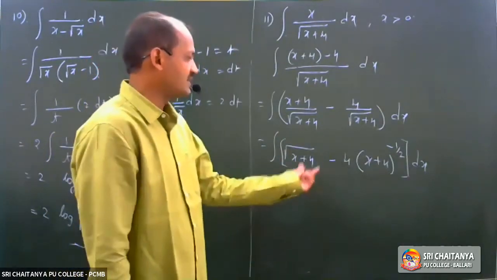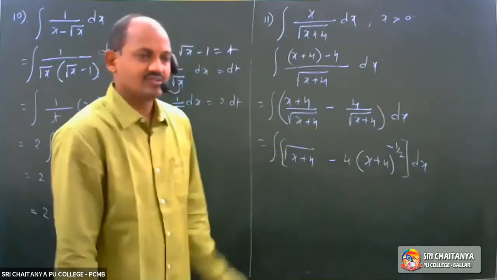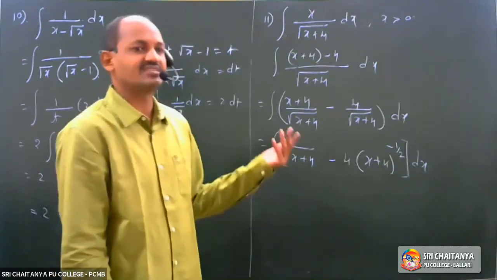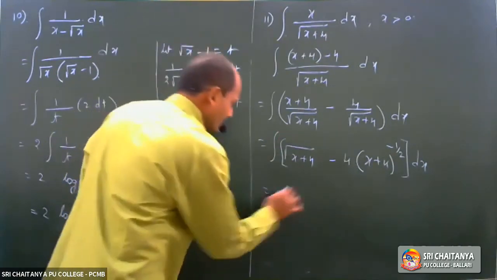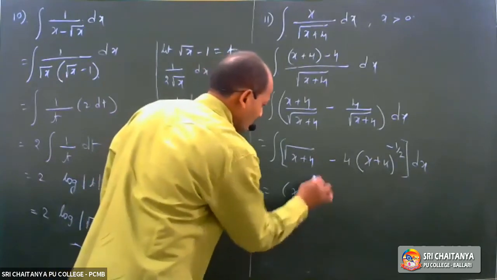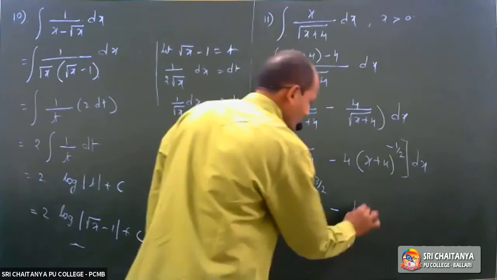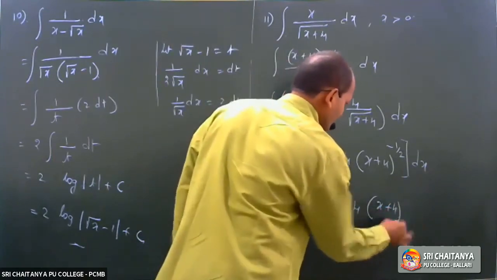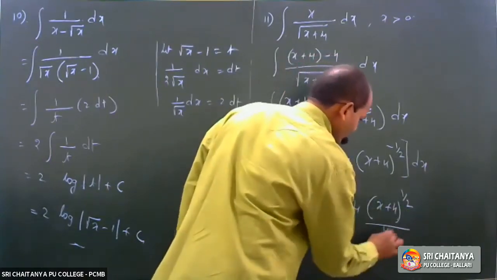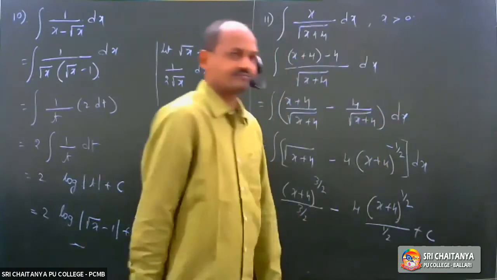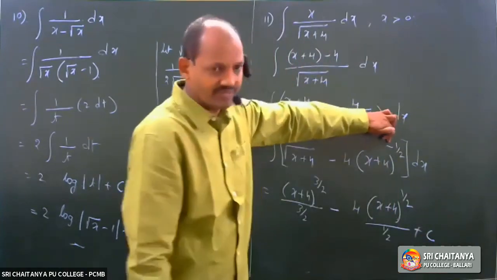It is also x plus 4 whole power 1 by 2. So again it is the integral of x power n form. x plus 4 whole power 3 by 2 divided by 3 by 2, minus 4 into x plus 4 whole power 1 by 2 plus 1 by 2. It is whole power minus 1 by 2.